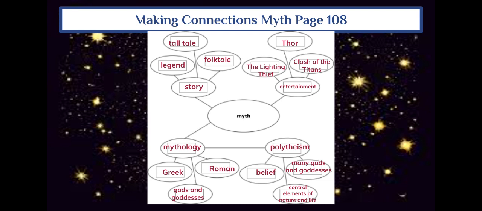If you had come across the words mythology, story, entertainment, and polytheism in isolation, you may not have made any connections between the words, but they are all connected to myths. This map helps us make connections and understand how words are related to things we already know. This will help us create a deeper understanding of words.